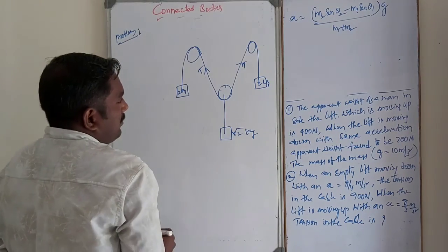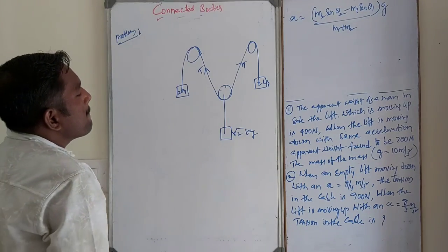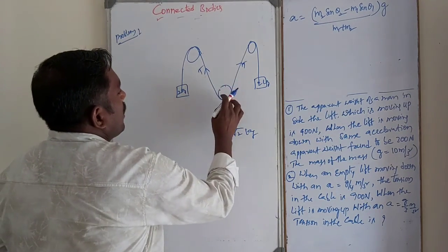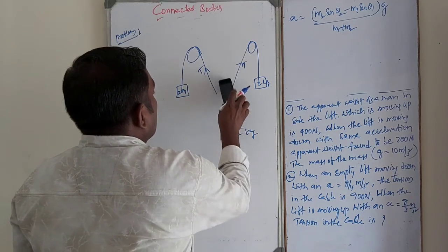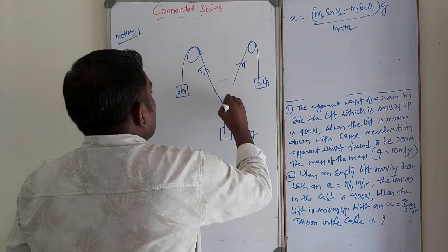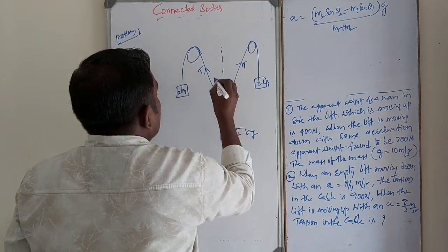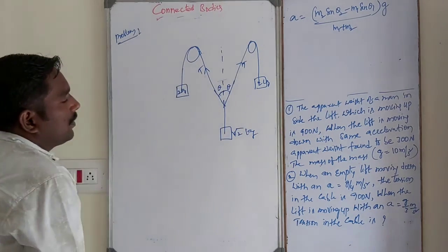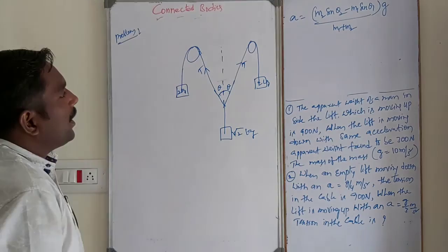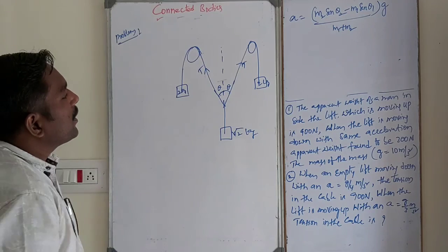This is the angle theta, this is also angle theta. The system as shown in the figure, so 3 massive bodies, 2 kg, 2 kg and root 2 kg.